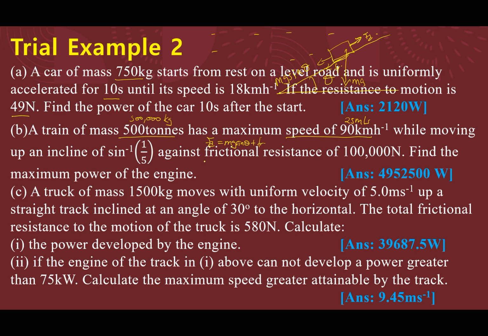force Fd. So Fd is going to be equal to m, which is 500,000, times g, which is 9.81. If theta equals the sine inverse of 1 over 5, it means sine theta is 1 over 5. So I'll just say times 1 over 5. Then plus the frictional force, which is 100,000.